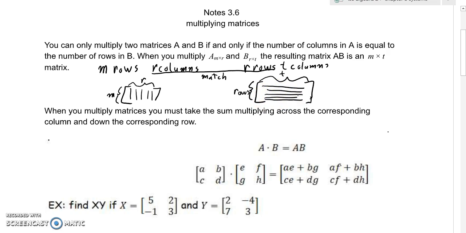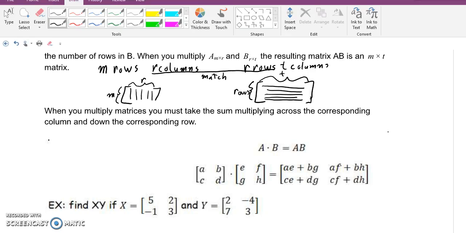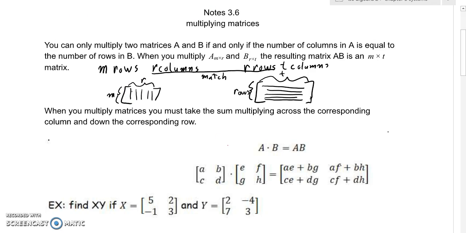They have to have the same number because when we multiply the matrices, we take the sum multiplying across the corresponding column and down the corresponding row. So we go across this way, so we hit every single one of these, while we go down this way, pairing the ones from the first matrix with the ones from the second matrix.